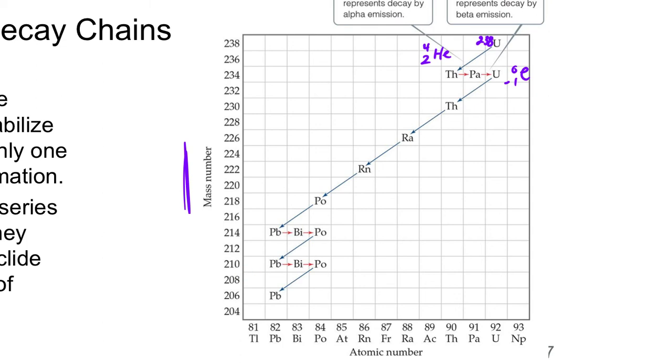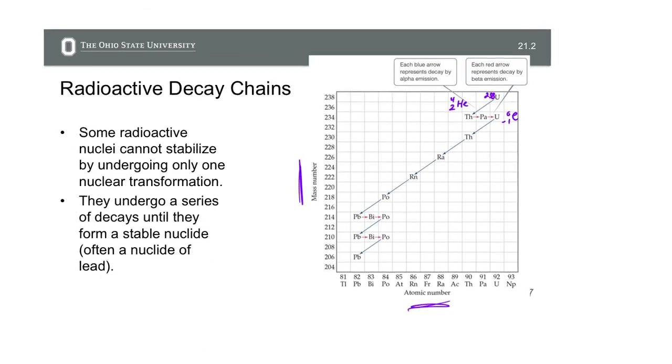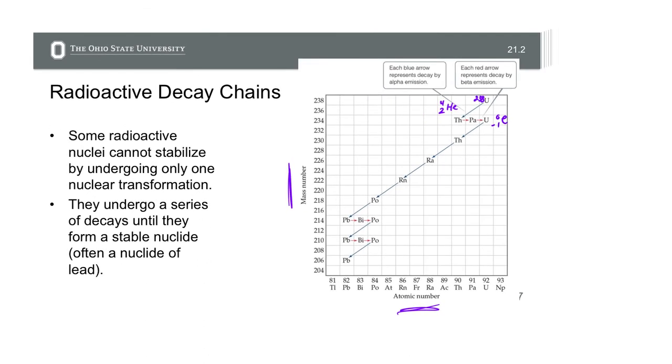So decay chains. I think these show up a lot when we're doing nuclear energy. Eventually you get down to something stable.